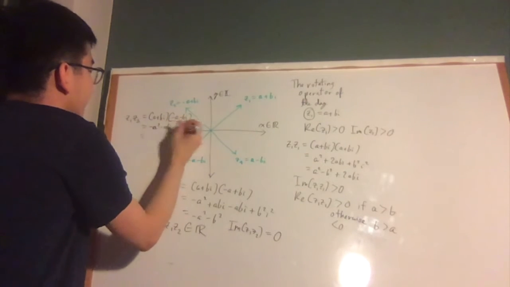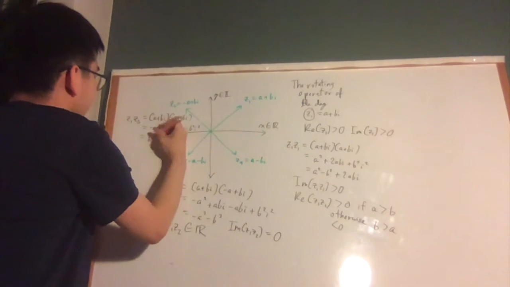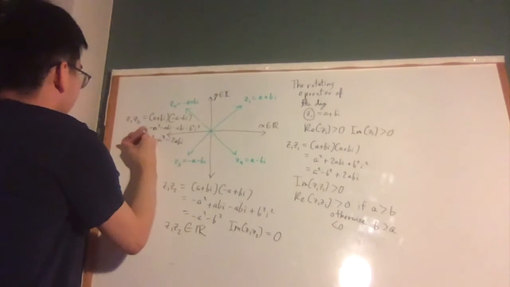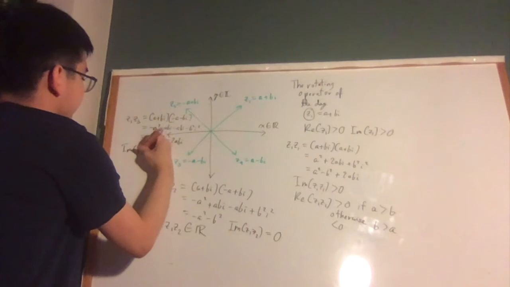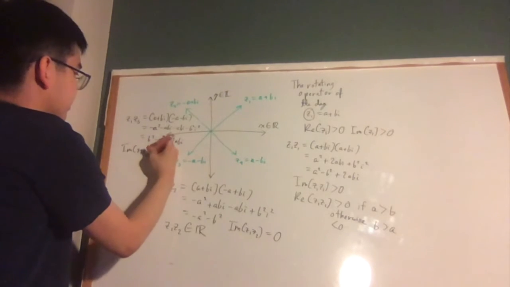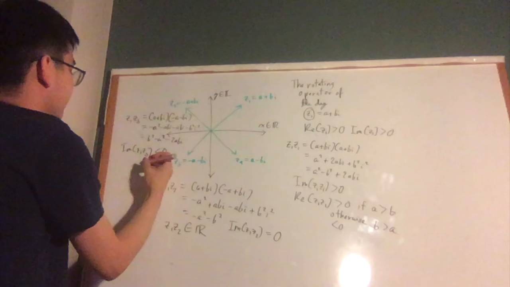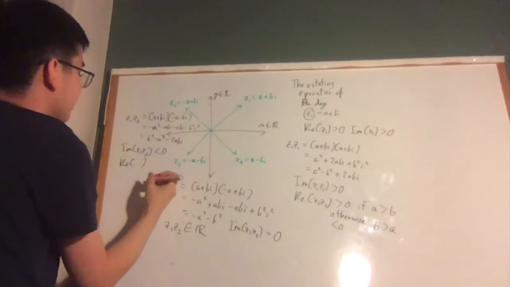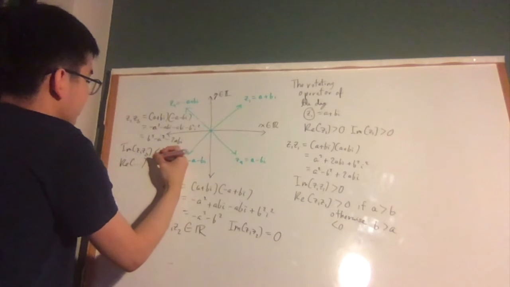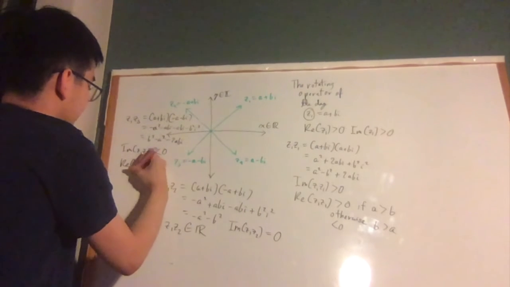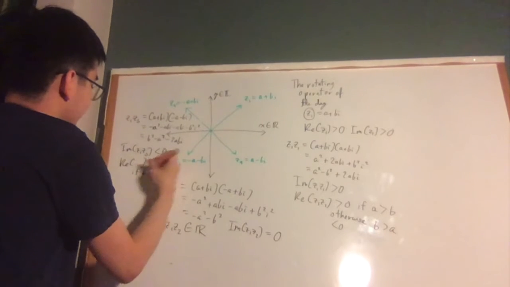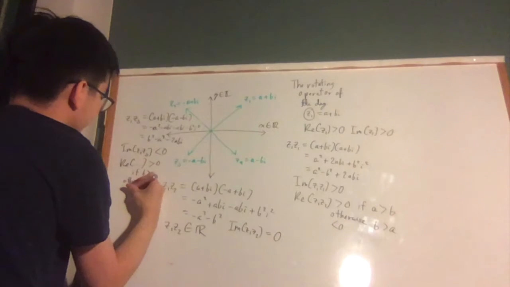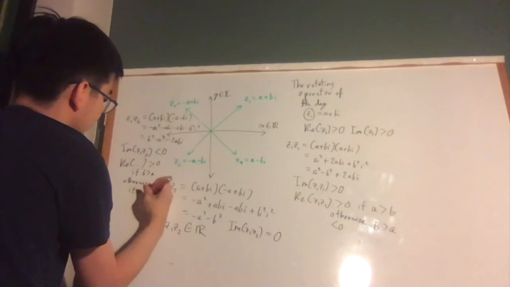So this becomes positive, so it's b squared minus a squared minus 2abi. So we know that the imaginary part of z1 and z3 is always negative. And the real part will be positive if b is greater than a, otherwise opposite sign if a is less than b.